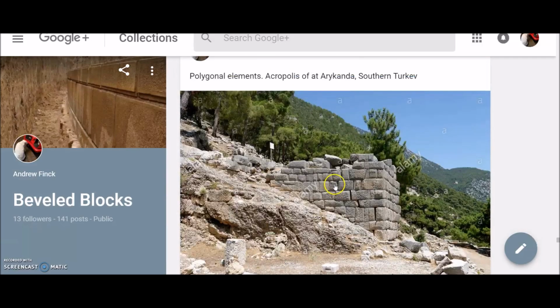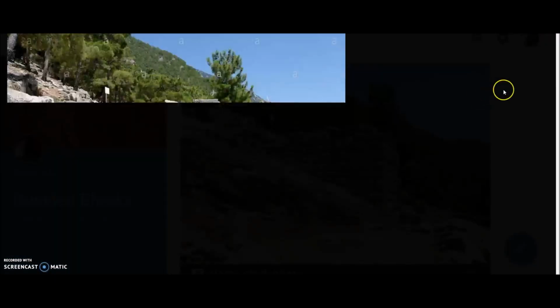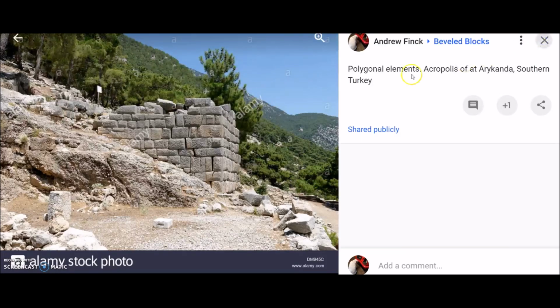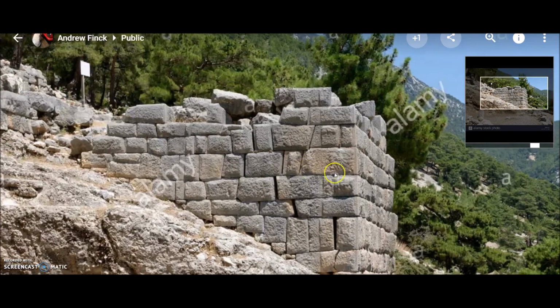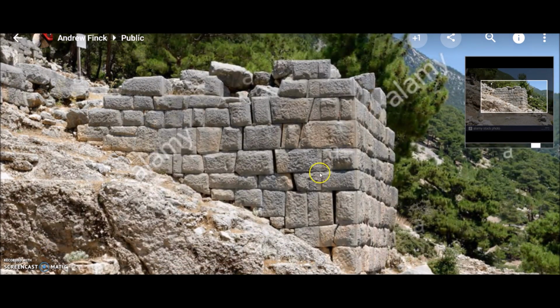Next, still in Turkey, the Acropolis of Reconda, and I believe this is the only picture I could find. The only instance of them is this small section, but they are interesting. Lots of polygonal elements. It appears to have been hit by some kind of cataclysm.